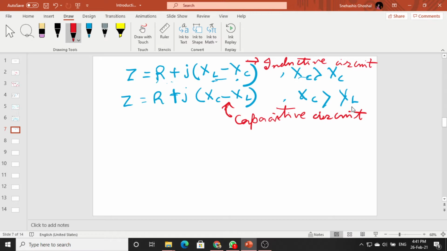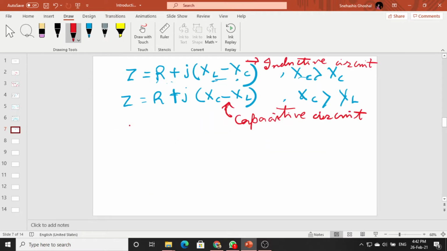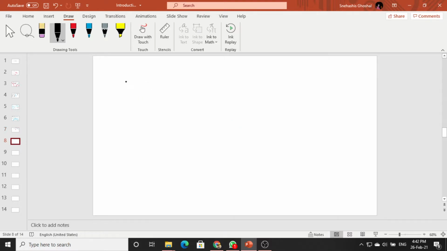Now Ohm's law will be treated as V equal to IZ. We have seen it in the previous slide. V equal to IZ. Okay. So I can give you one very simple example of how to solve network problems.